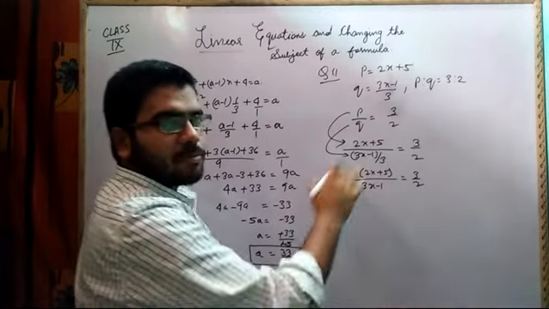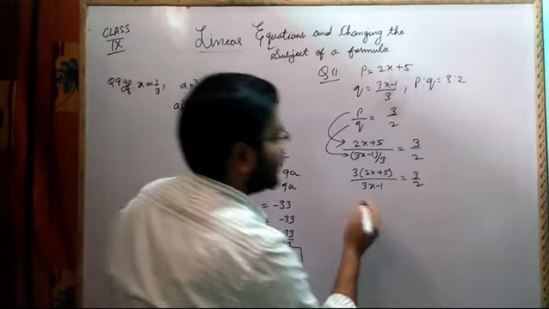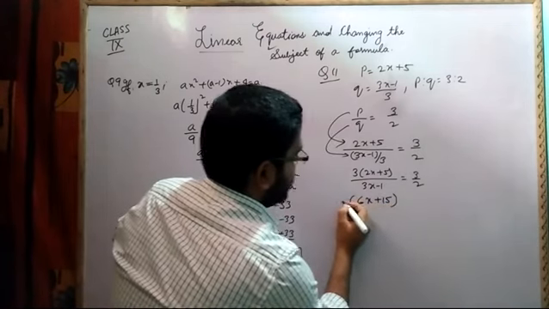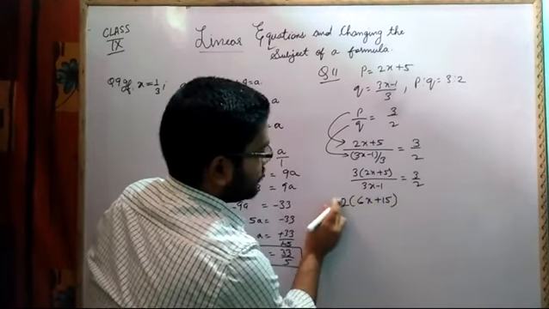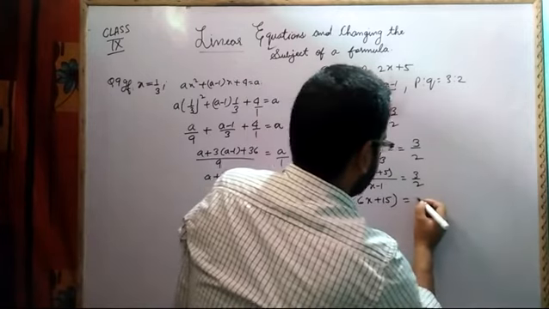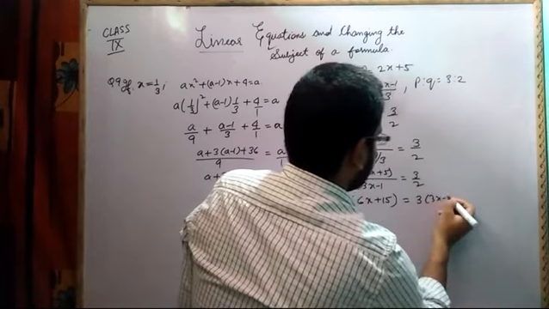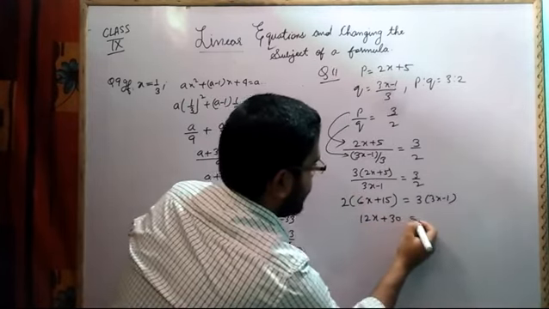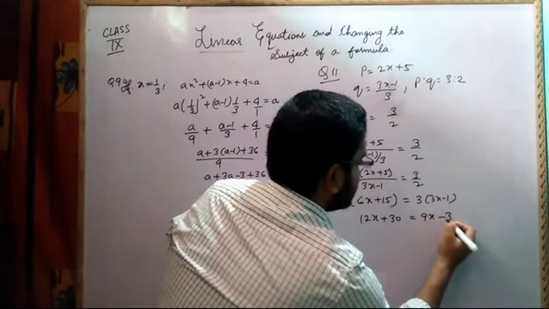Now opening the bracket plus crosswise multiplication simultaneously we can do. So it will be 6x plus 15, then here 2 will come to this side. So 3 into 2x is 6x plus 3 fives are 15 is equal to 2 into 3x minus 1. Now 12x plus 30 is equal to 9x minus 3.